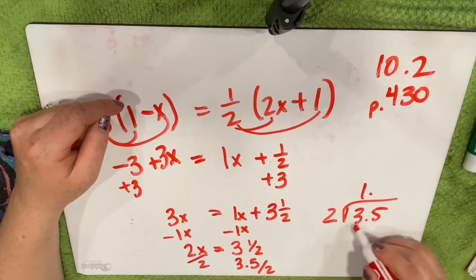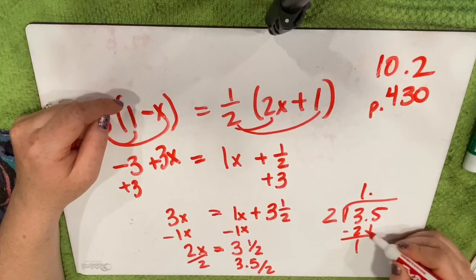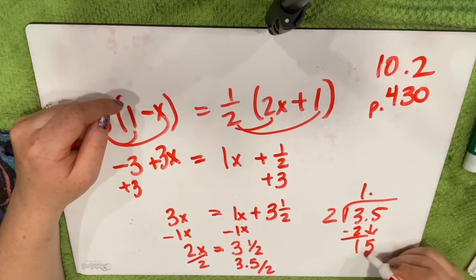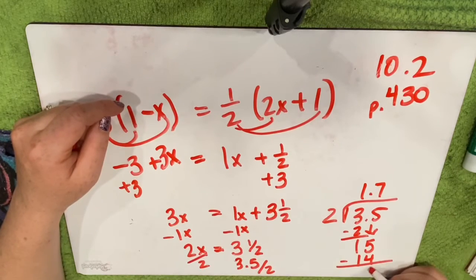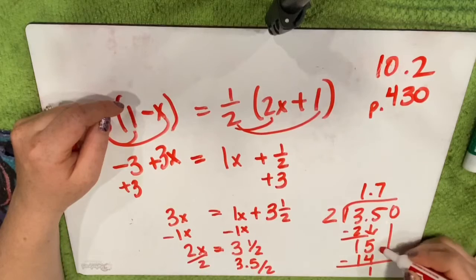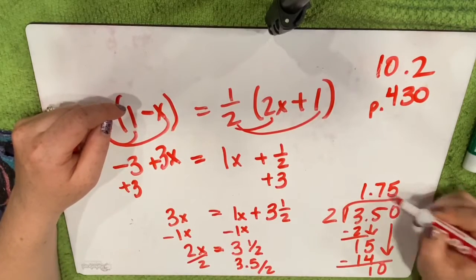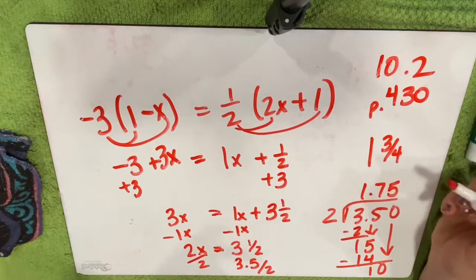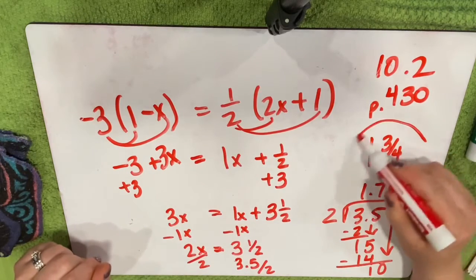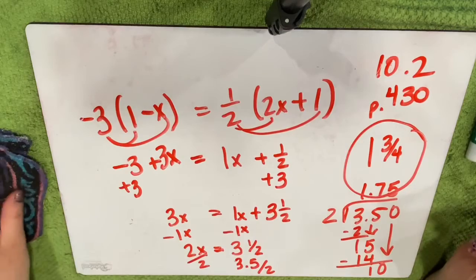Sorry, I'm looking at what they got. So 1.75, and they got 1 3/4, which is 1.75. So that's the answer.